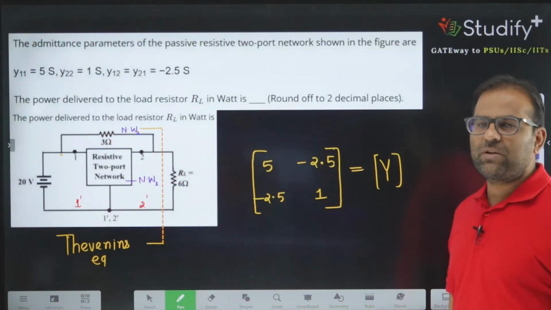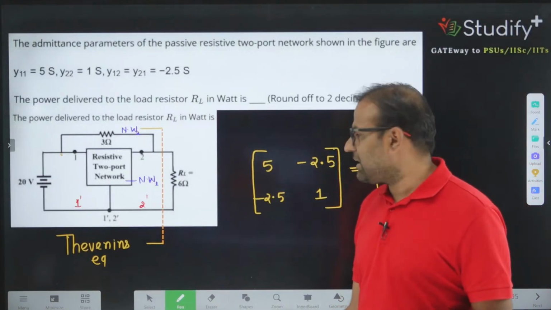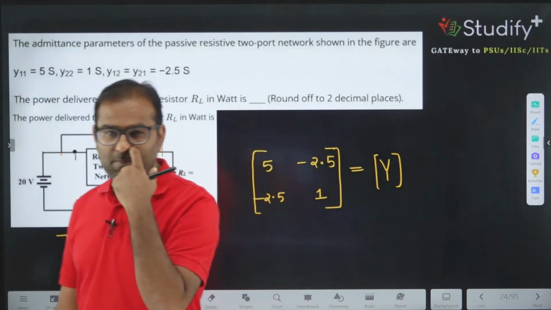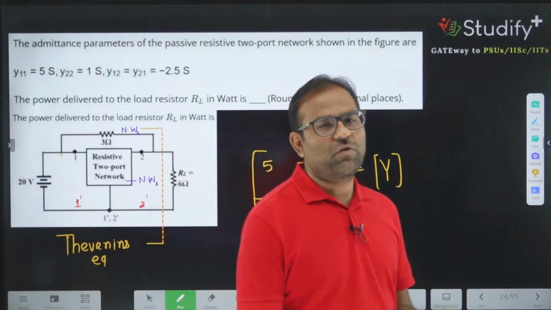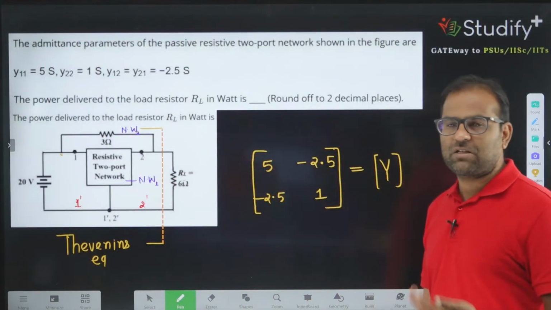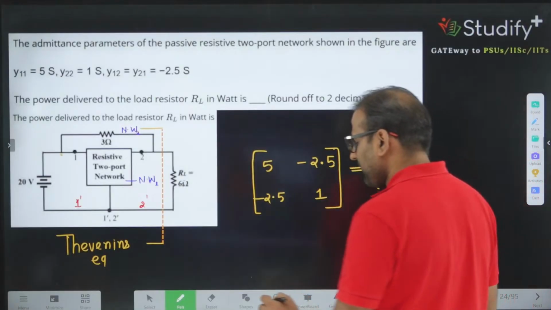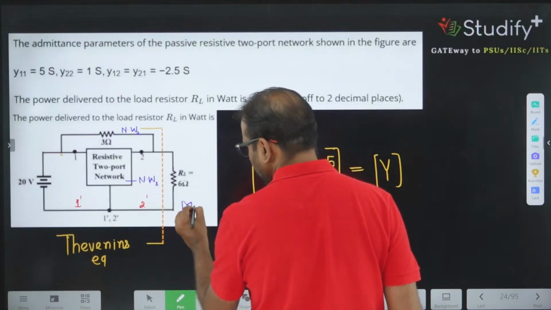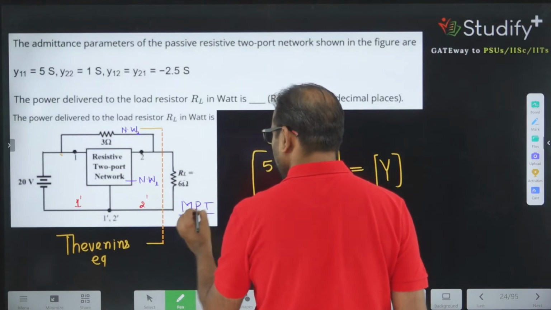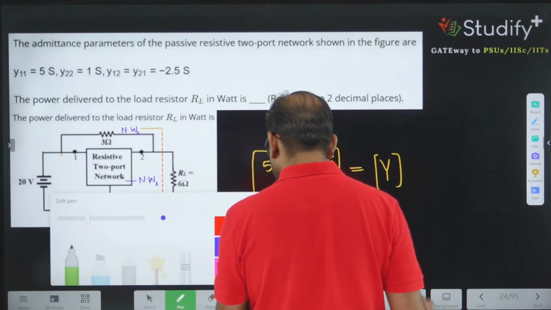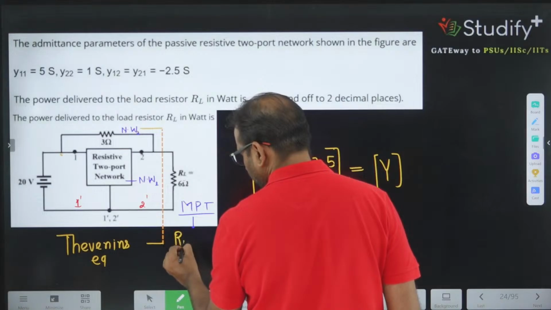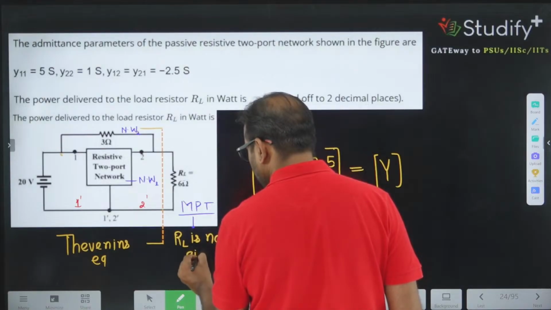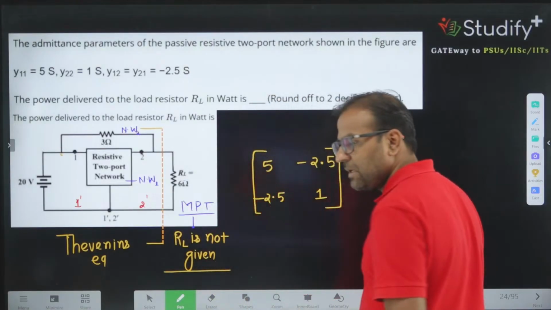Or they can ask one more question: if they remove this 6 ohm RL and ask for the maximum power transfer, then you can calculate the condition for maximum power transfer, and the power transferred as well. In case RL is not given, you have to use the maximum power transfer theorem. I hope this is clear.